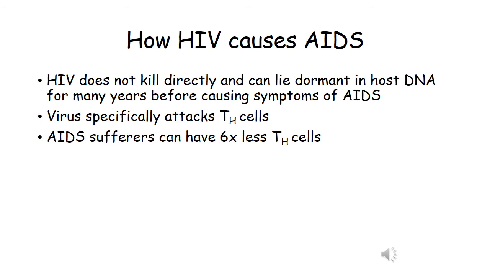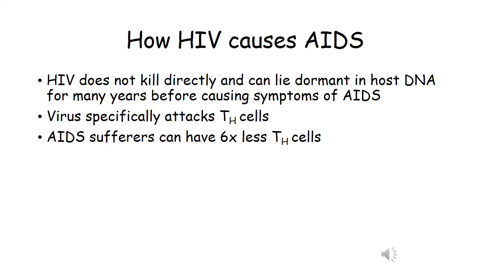So when someone has AIDS, as in when the virus is actively replicating itself and increasing in number, the AIDS sufferer will then decrease dramatically its number of T helper cells. It could be by 6 times reduced.